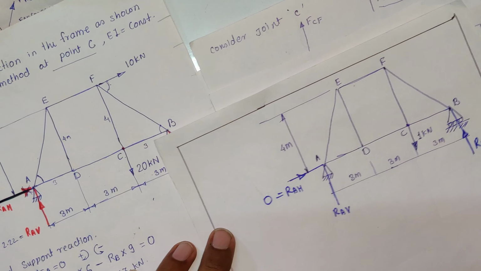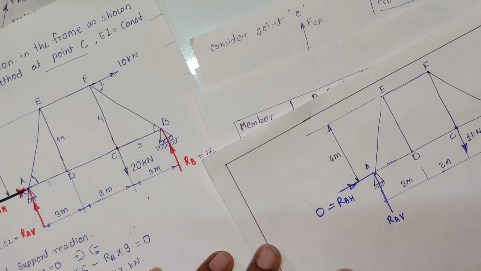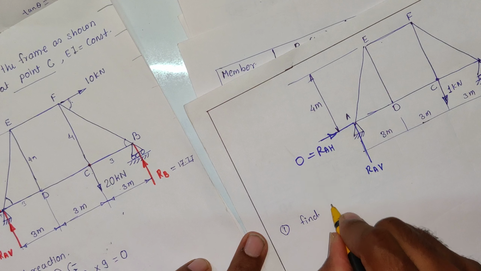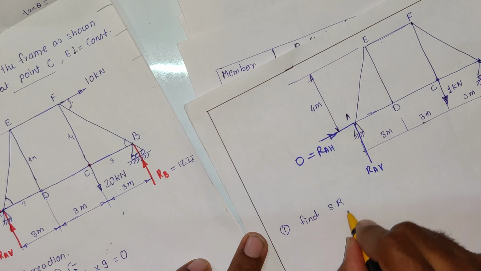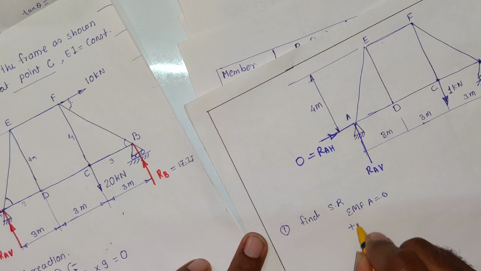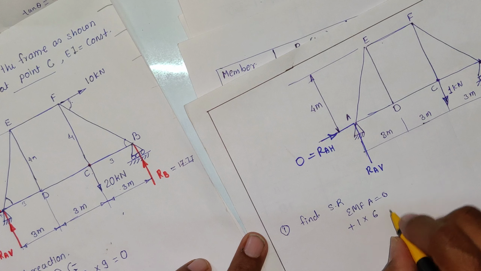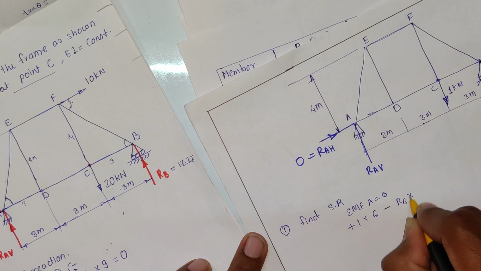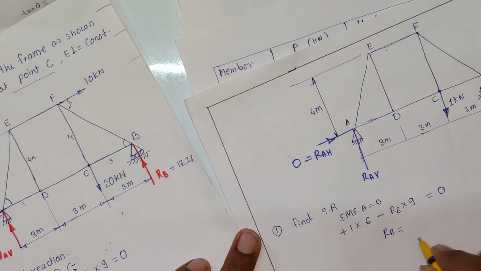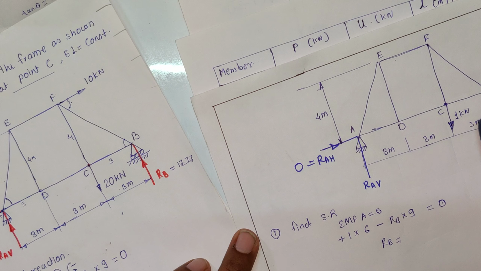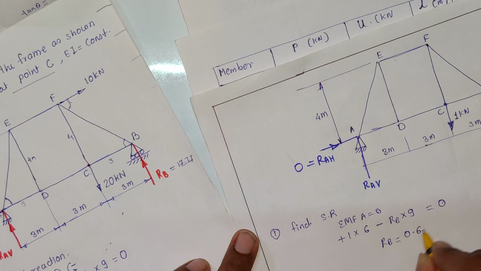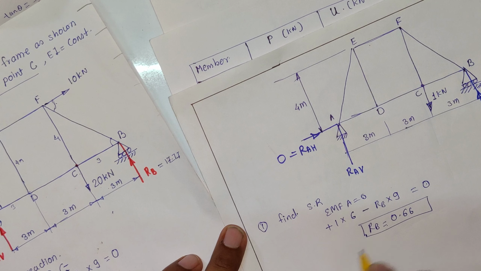So with a similar procedure, we'll proceed again from the first step, that is find support reactions. Summation of moment of force about point A is equal to 0. So plus 1 into 6 clockwise minus RB into 9 is equal to 0. So RB is equal to 6 divided by 9, which is 0.66.